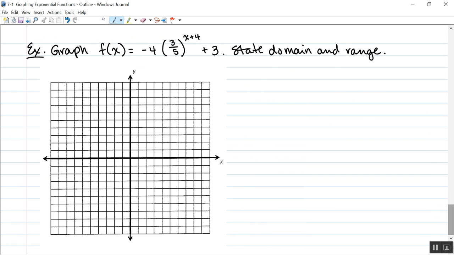And this looks pretty messy. Graph f of x equals -4 times 3/5 raised to the power of x plus 4, plus 3. Okay, so before we graph this, let's break down what's going on here. So a is less than 0. It's -4. So that means I'm going to be flipped over the x-axis.